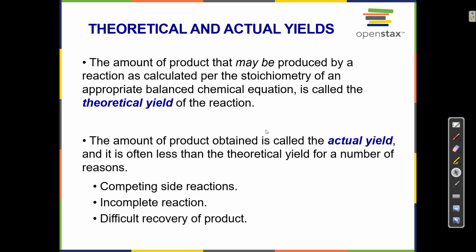Sometimes the reaction equilibrium doesn't have a very large equilibrium constant, which means that even when the reaction is complete, it's come to equilibrium, there may not be 100% products. So the reaction dynamics themselves might limit the amount of product that you get.